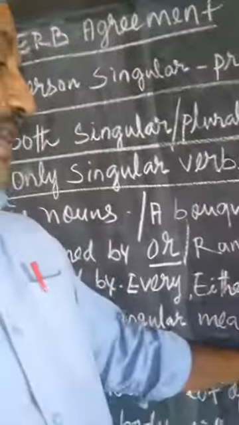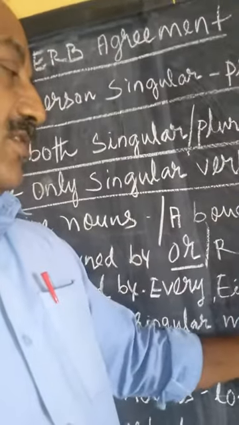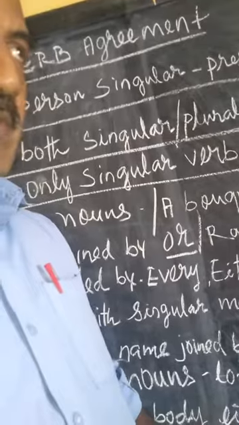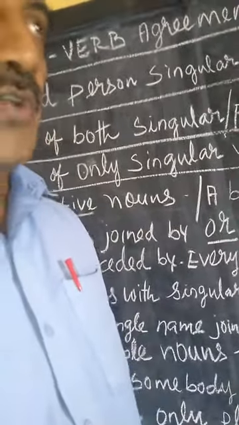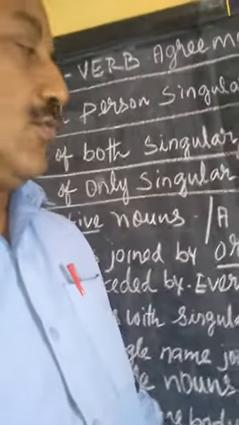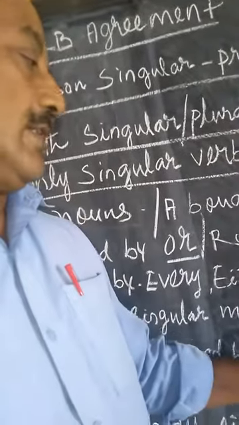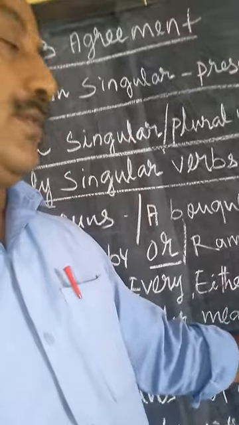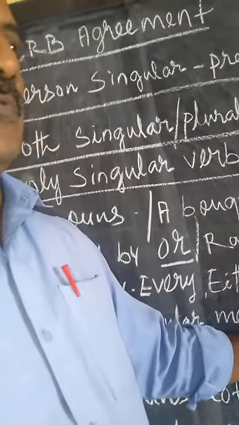There are nouns like spectacles, trousers. They're one piece of trousers. See, boys use trousers, you know. The form is like plural, sounds plural, but it's one piece of trousers.